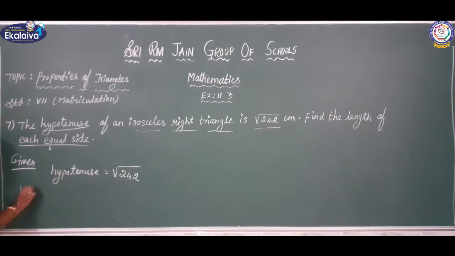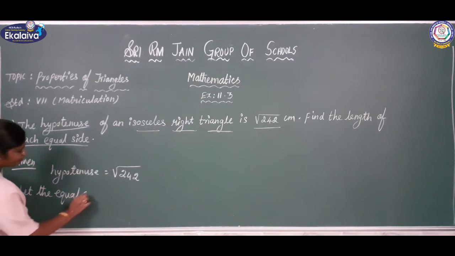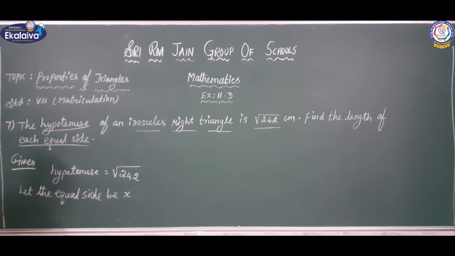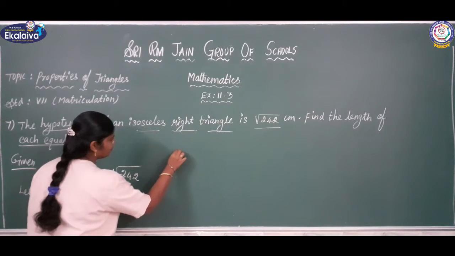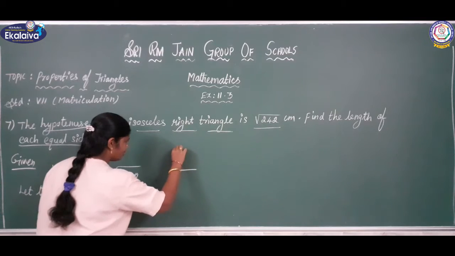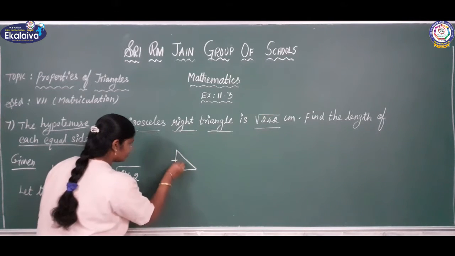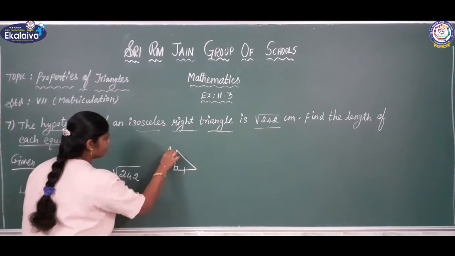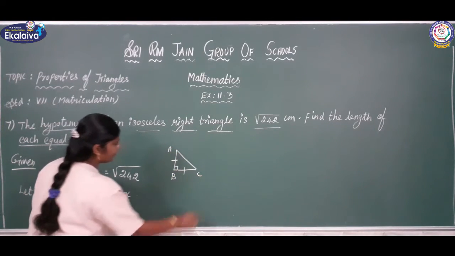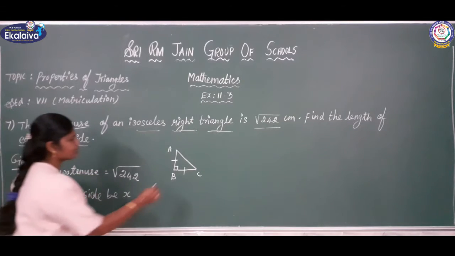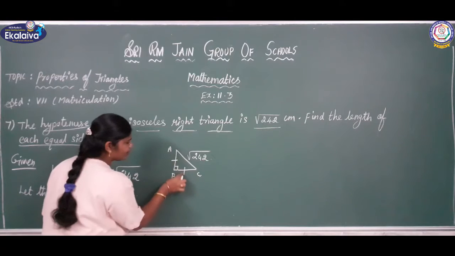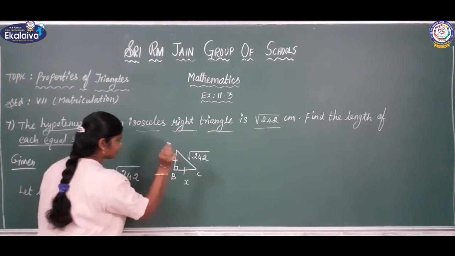Here these two sides should be equal, and just naming it A, B, C. The hypotenuse is root of 242, and this equal side we consider as x.